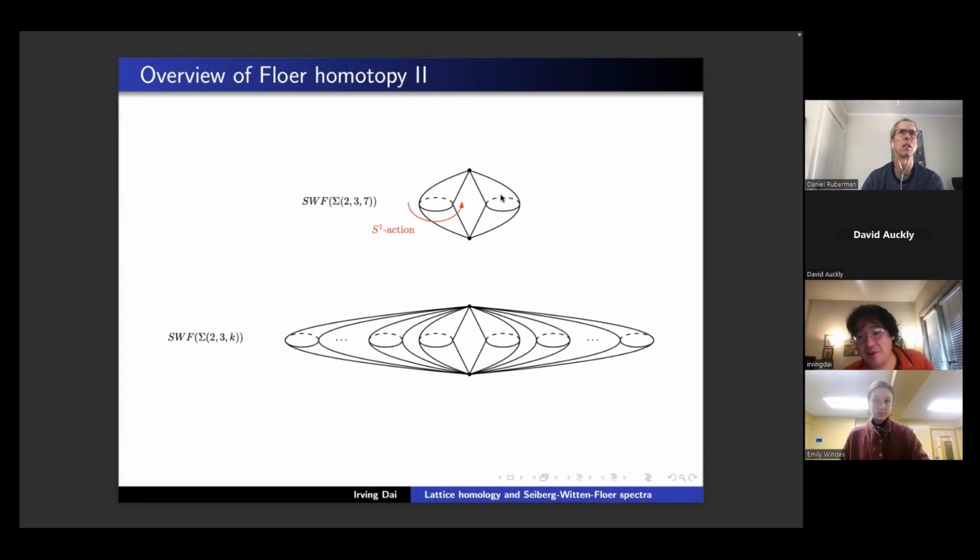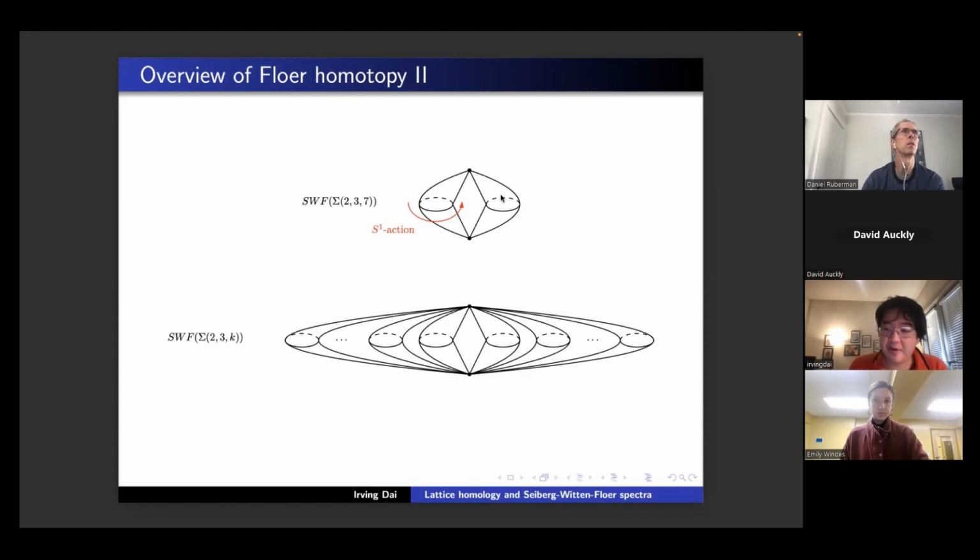This phenomenon occurs also in other Floer theories, like instanton Floer homology for Seifert fibered spaces. And so, of course, in that way, it's possible to compute the chain complex directly. But of course, you can't compute the homotopy type.